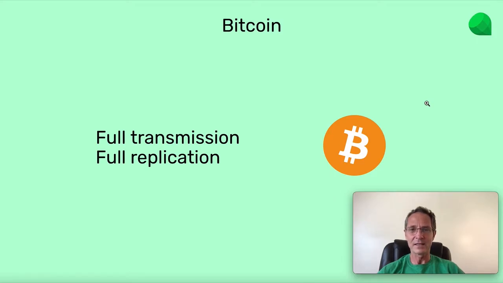In a matter of seconds, the same identical transaction is transmitted to all the participating computers around the world. And this means that there's also full replication, because in the end, all the computers have a copy of all the transactions. And this is a key part of Bitcoin security, which I'm going to explain a little bit later.